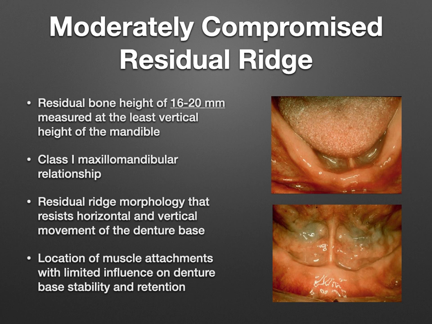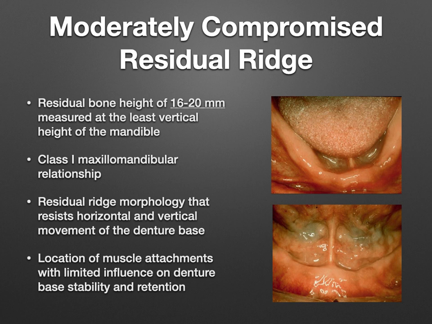The moderate category is about when the lower ridge starts to have some resorption. If the height is less than 20, between 16 and 20, then it may be considered a moderately compromised residual ridge. The maxillomandibular classification will still be class 1.